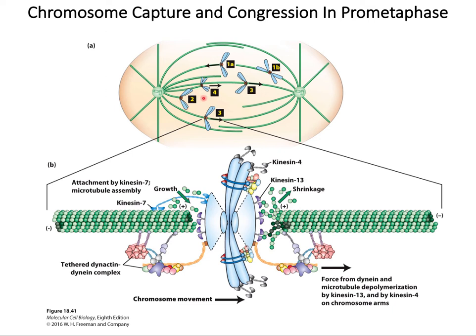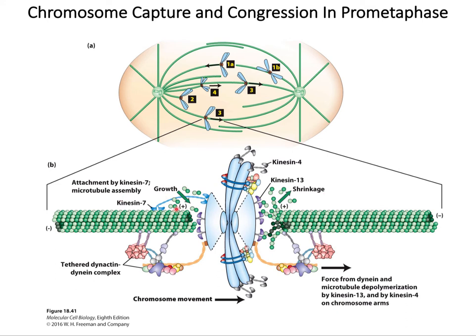In step 2, the chromosome is drawn towards the spindle pole by the dynein-dynactin motor complex that is associated with one of the kinetochores, walking towards the minus end of the kinetochore microtubule. In step 3, a kinetochore microtubule from the opposite pole attaches to the free kinetochore to biorient the chromosome.